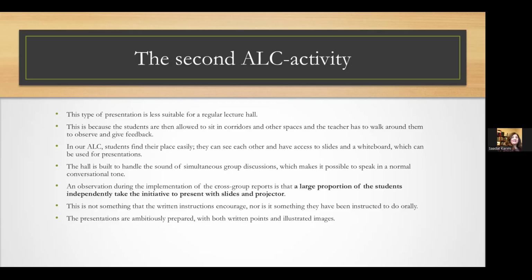They can see each other and have access to slides and the whiteboard, which can be used for presentations. The hall is built to handle the sound of simultaneous group discussions, which makes it possible to speak in a normal conversational tone.